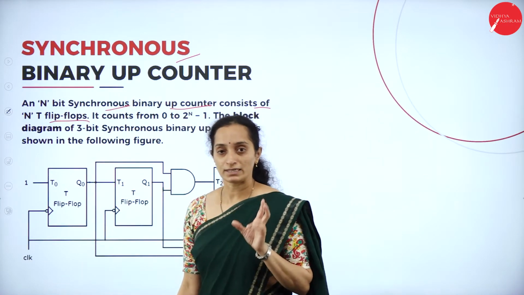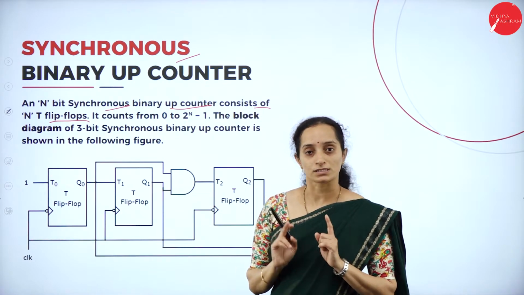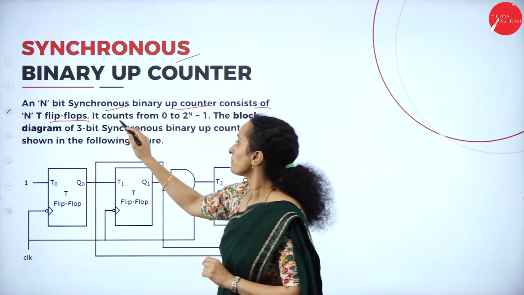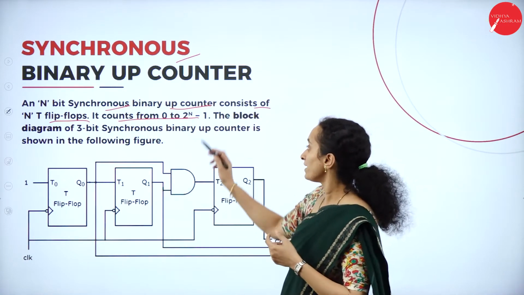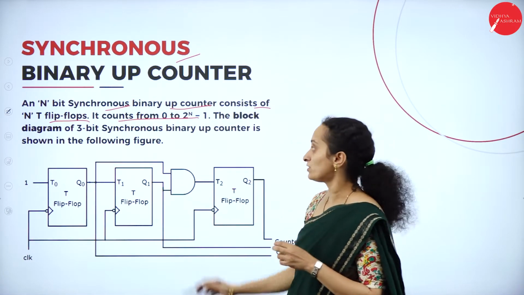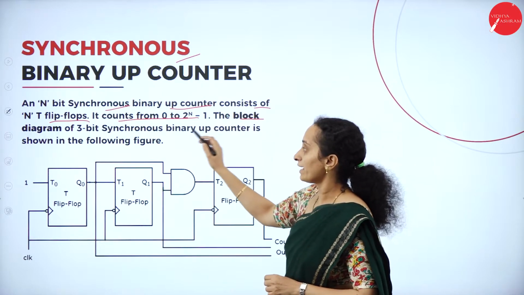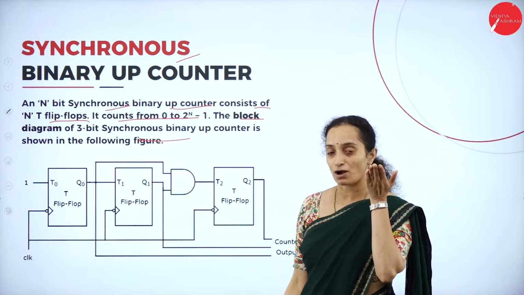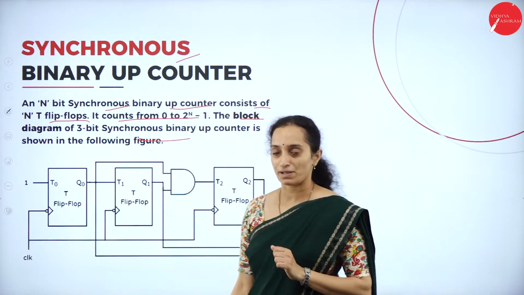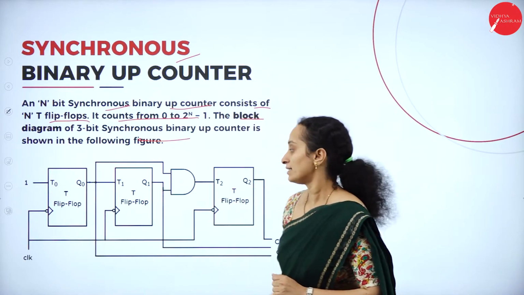That means synchronous counters always use the T type of flip-flop. It counts from 0 to 2 to the power of n minus 1. The block diagram of a 3-bit synchronous binary up counter, where the count increases from low to high, is as shown in this diagram.